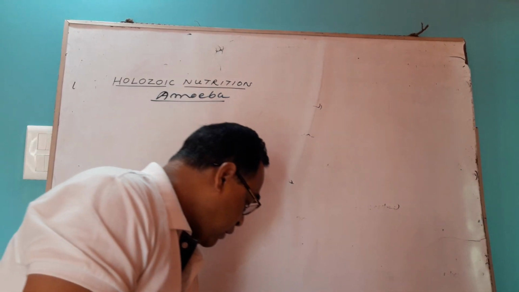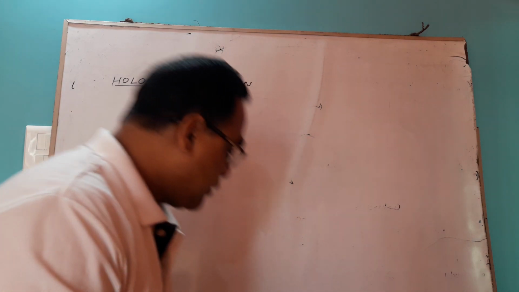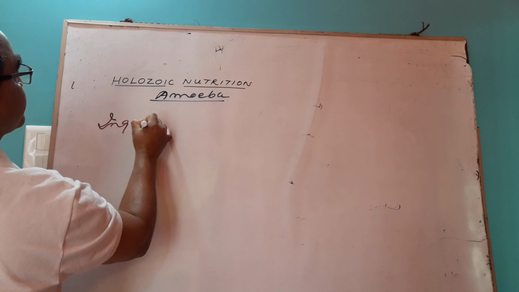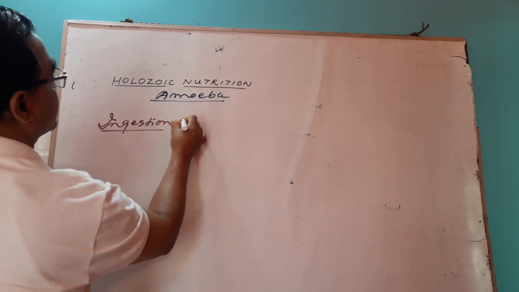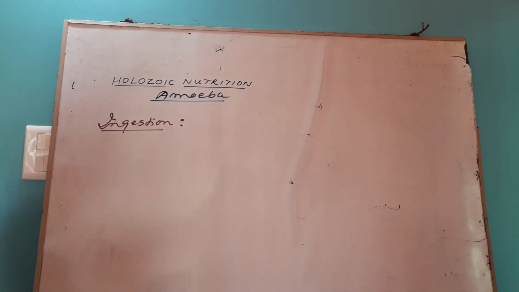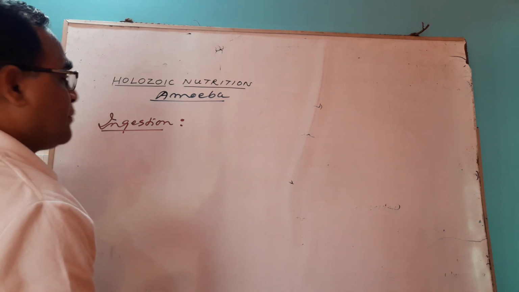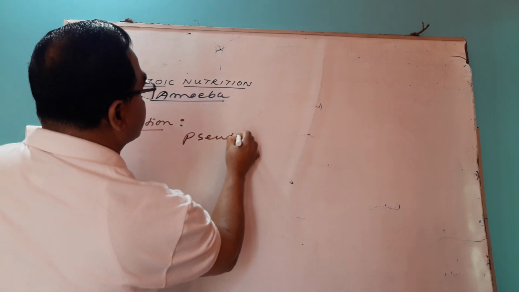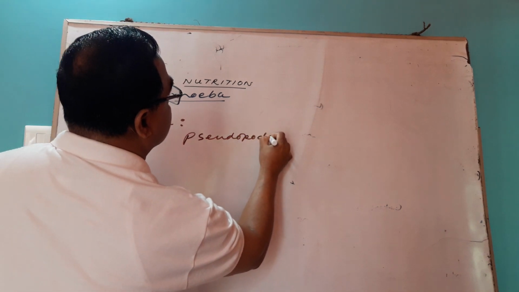So let us see how it is done. First of all, definitely the ingestion part. How is ingestion done? Ingestion is done by the amoeba with the help of pseudopodia.